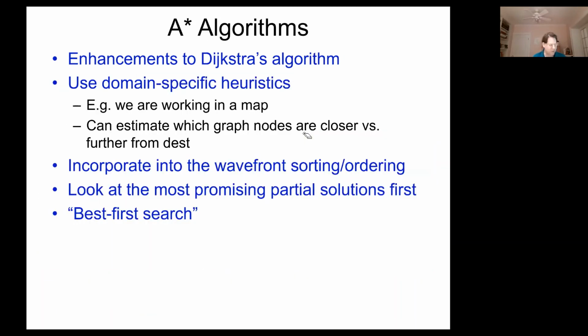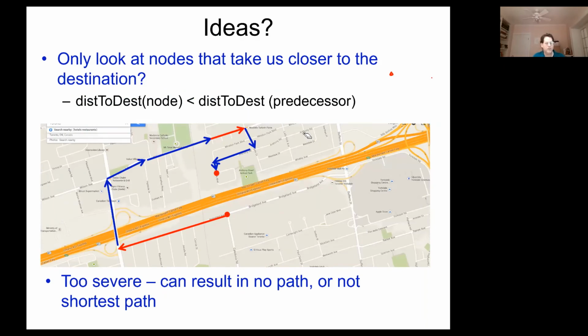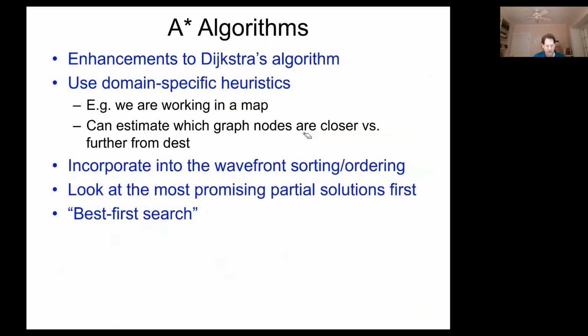Okay, so we'll talk about this on Wednesday, but maybe I'll show you a quick overview of this. You can do better than Dijkstra's algorithm with what are called A-star algorithms. A-star algorithms use domain-specific heuristics. So we're working in a city map, which means that we know more than just the graph connectivity. We also know the location of the nodes.